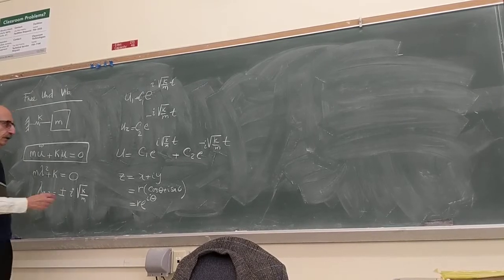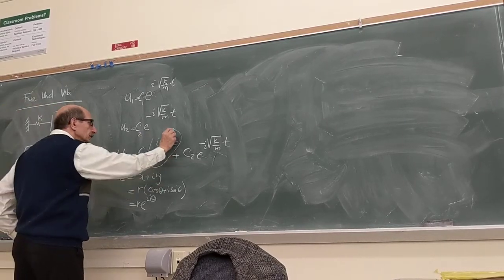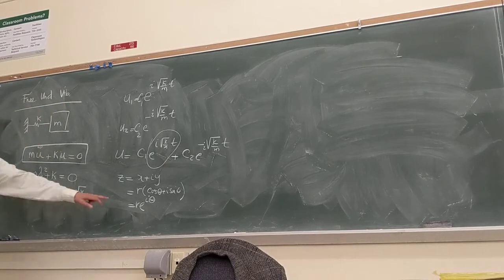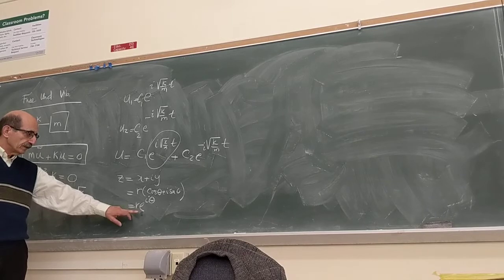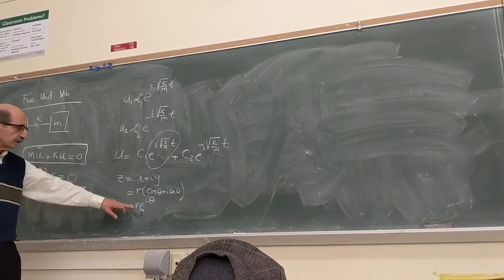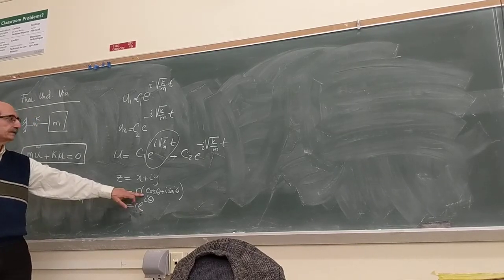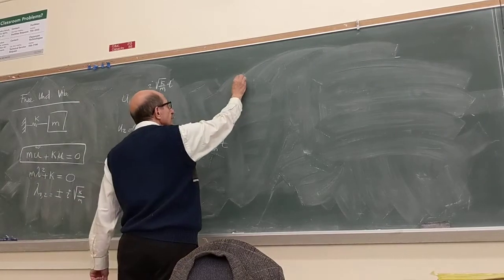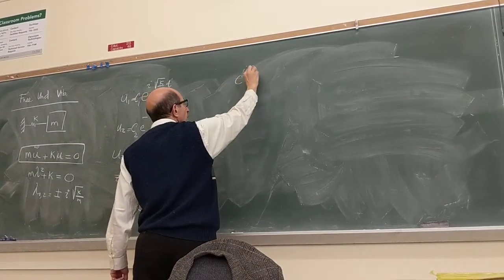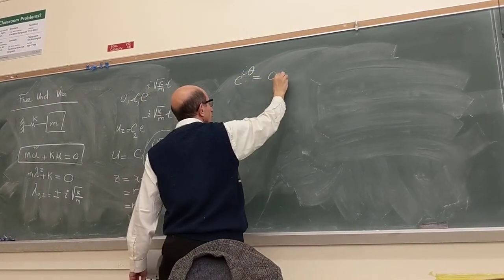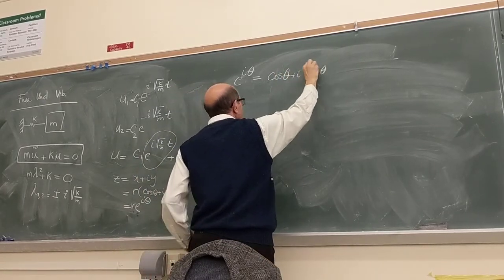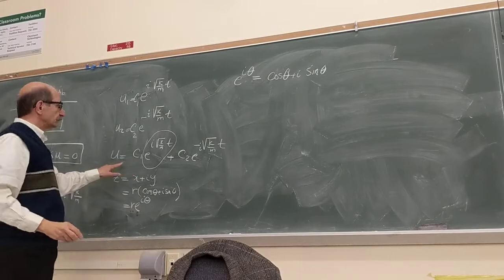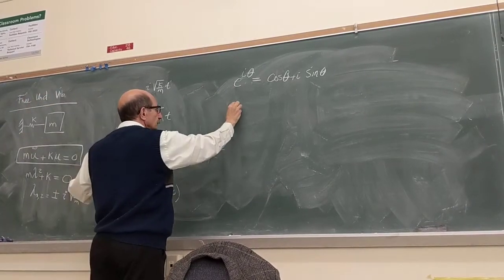So we will write these in terms of the alternative form that they have. In other words, since e to the i theta is the same as cosine theta plus i sine theta, we will just convert this solution to that form.